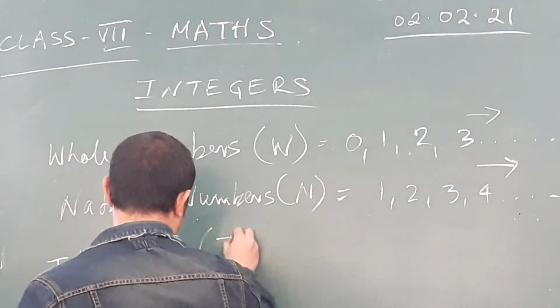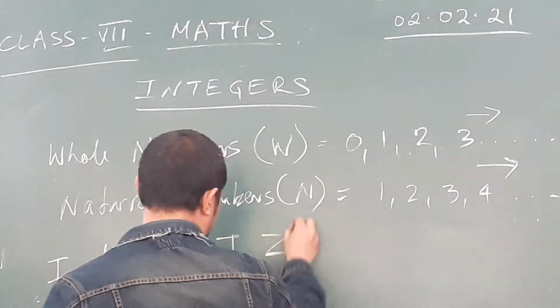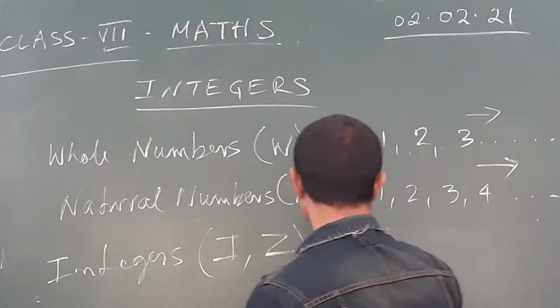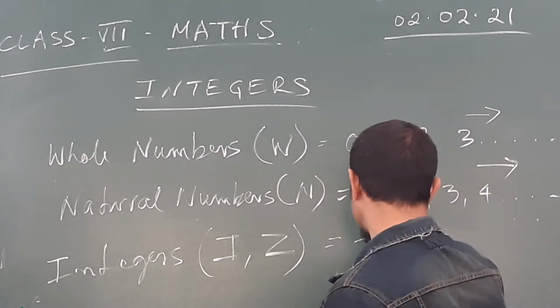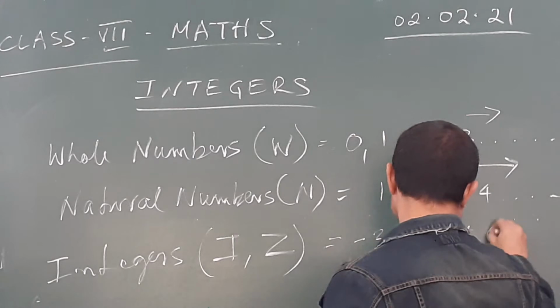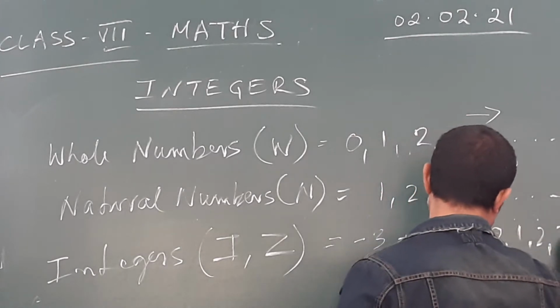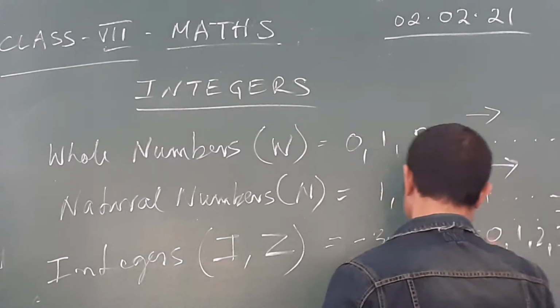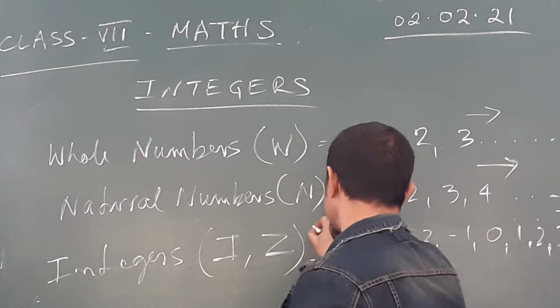Integers you either write as capital I or capital Z, and it includes the negative numbers: -3, -2, -1, 0, 1, and so on. It continues on this side, it continues on this side also.